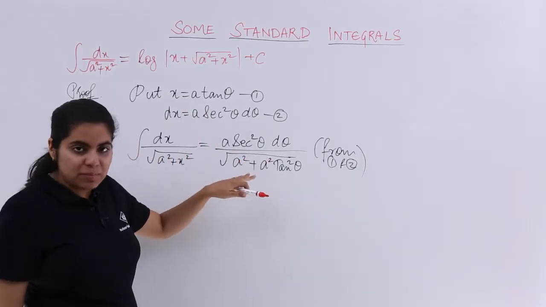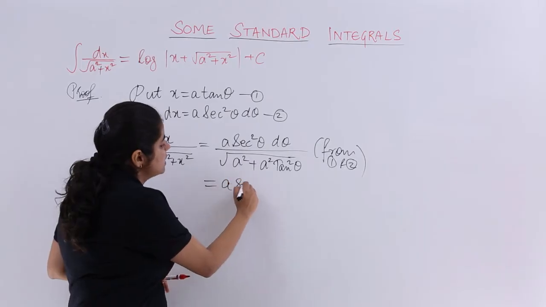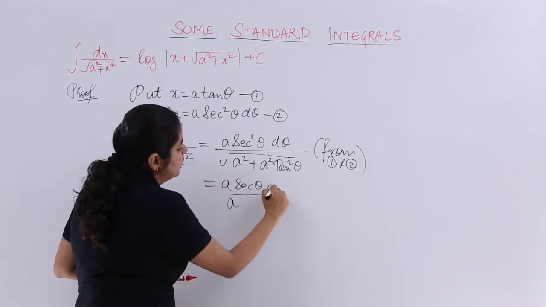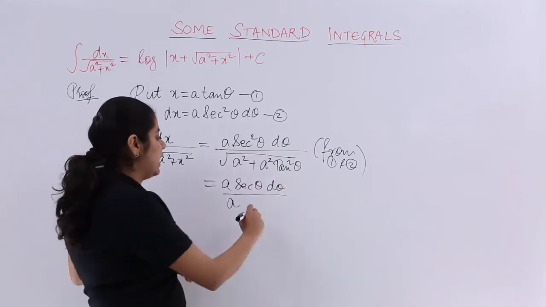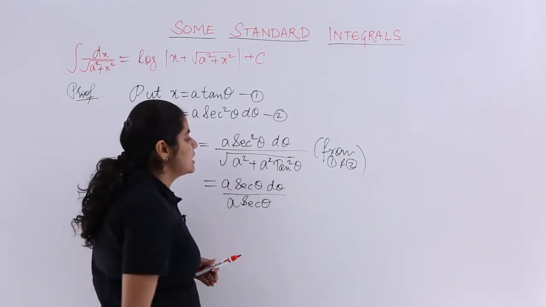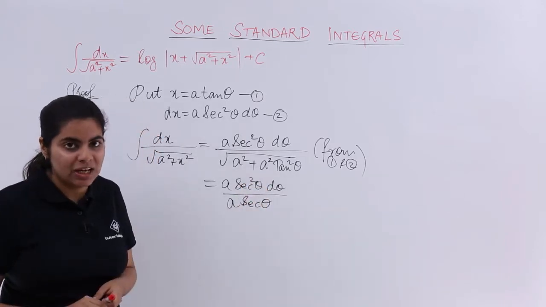Next, certain things coming common, a square coming common, out of the root it becomes a, rest is same, d theta is same. 1 plus tan square theta becomes secant square theta, out of the root it becomes only secant theta. In the numerator it is secant square theta although.